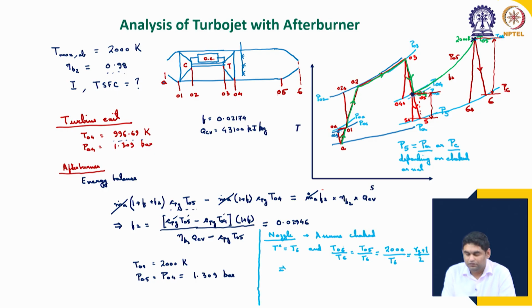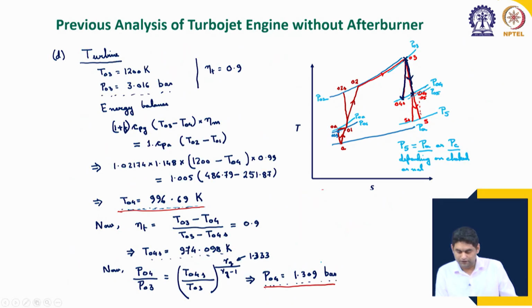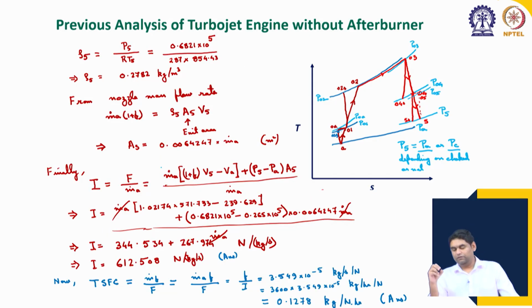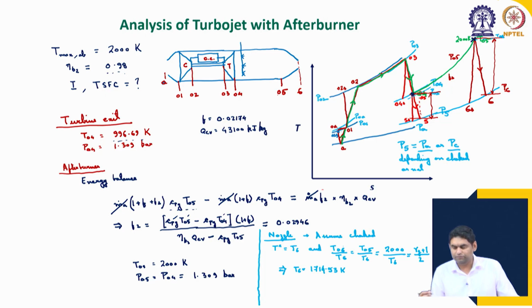Using this, we find that T6 is equal to 1714.53 Kelvin. It is a very high value compared with the previous case, where it was denoted as T5 and was 854. Now we have 1714.53 because of the afterburner.